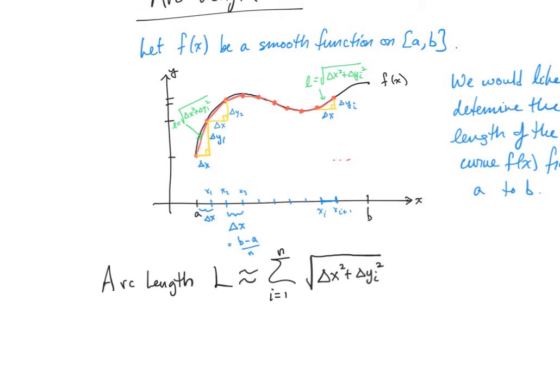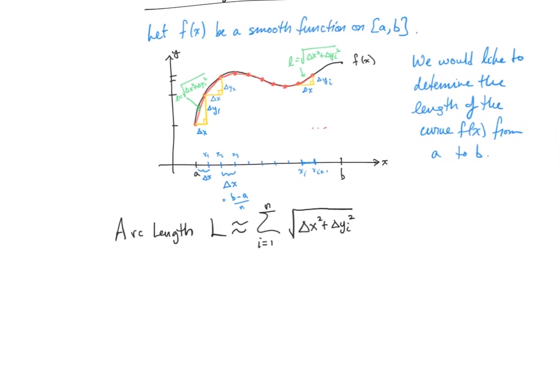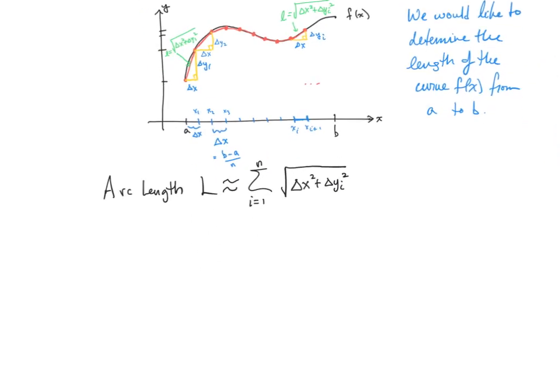Okay, so we're going to do that, but first I want to perform a little bit of algebra on this expression so that we can get a better idea of what it's really saying. Right, so we're going to derive a nice formula for finding this arc length. So I'm going to really focus on this for just a second. The square root of delta x squared plus delta y sub i squared.